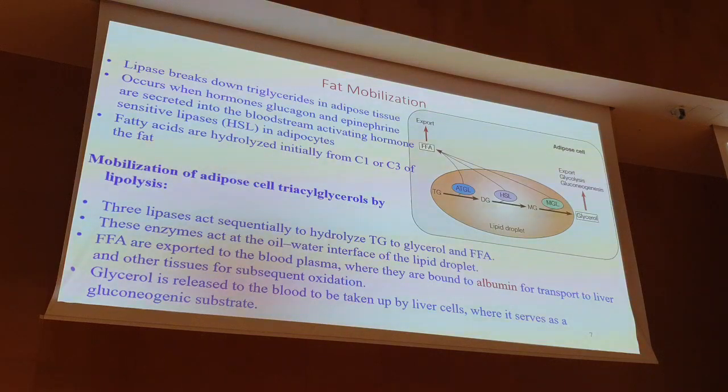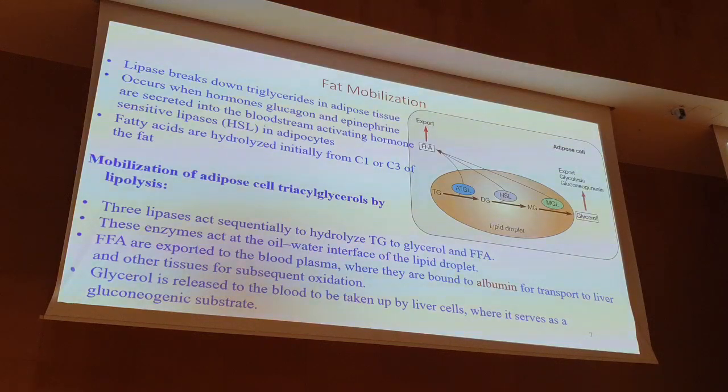Okay, so we have 3 lipases now. So 3 lipases sequentially, one after the other, will chop up a tri into di, a di into mono, a mono into glycerol, and the last fatty acid. These enzymes, if you remember what a fat droplet looks like, you have fat, and on the outside you will have water.